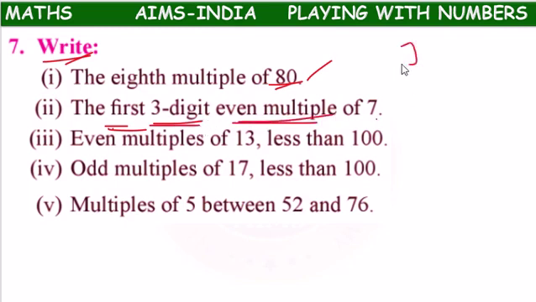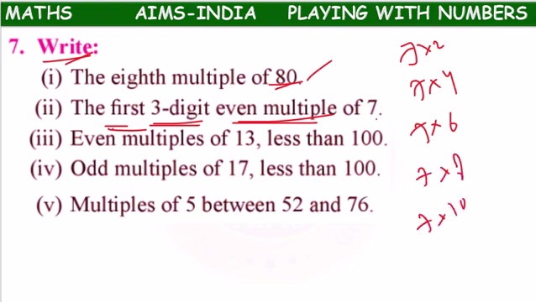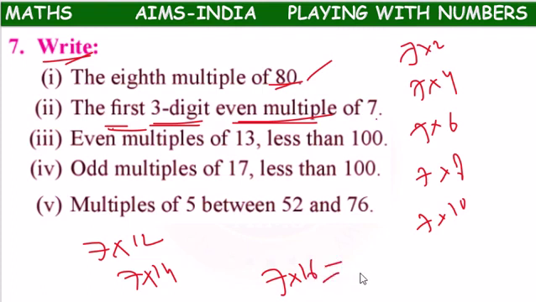We have to write even multiples of 7: 7 times 2 is 14, 7 times 4 is 28, 7 times 6 is 42, 7 times 8 is 56, 7 times 10 is 70, 7 times 12 is 84, 7 times 14 is 98, 7 times 16 is 112.